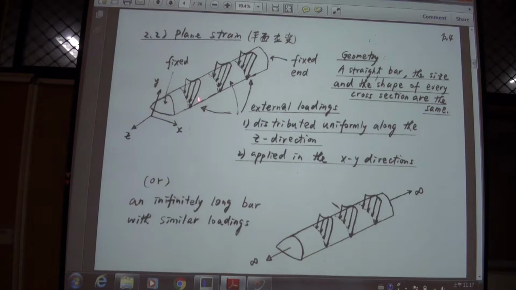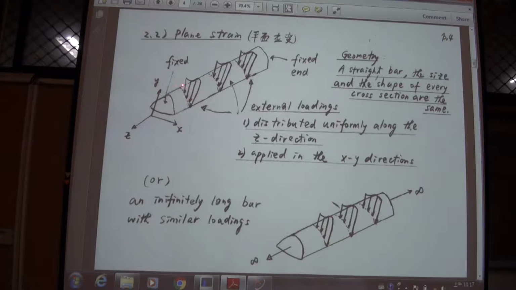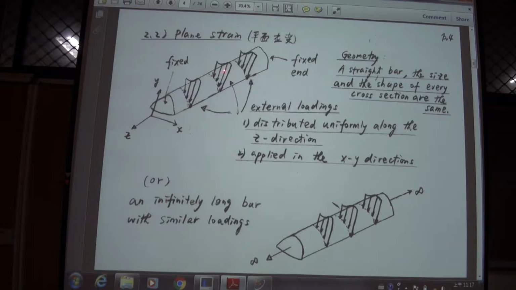Understand? If the loading is very complicated, then the straight bar is still in a three-dimensional situation. Now, if we want to have a two-dimensional situation, the loading must be simple too. We look at the conditions here.